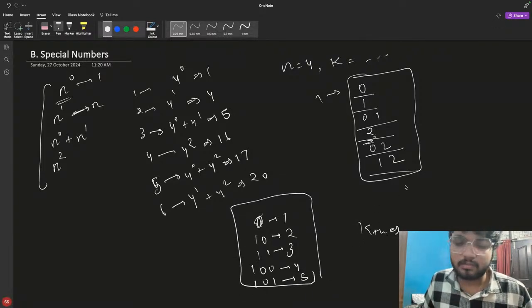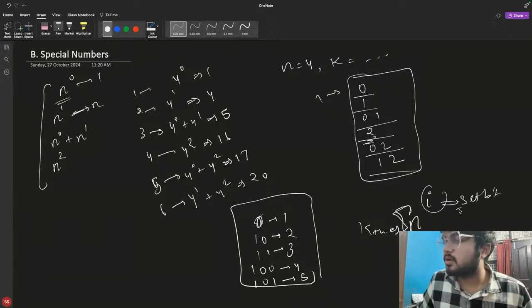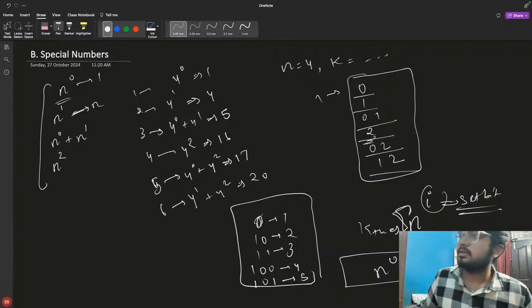To find the kth number, we have to add n to the power i and take the summation of these, where i ranges over all the set bits. For example, for the fifth number, n to the power 0 plus n to the power 2. So this is a very direct question.